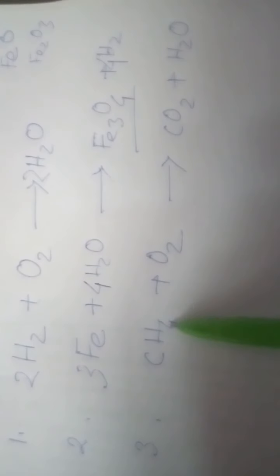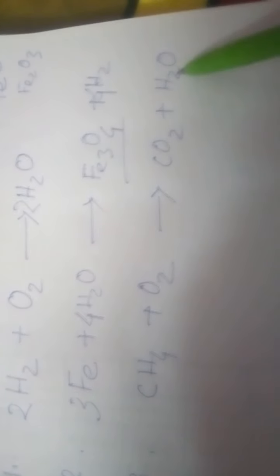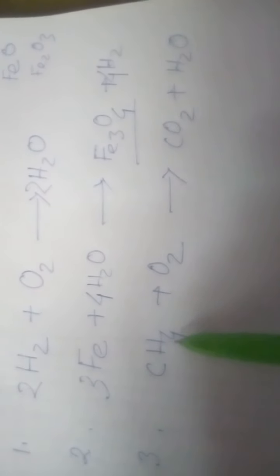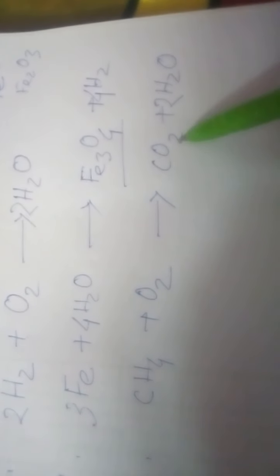Now the hydrogen atoms, if you see here, it is 4, here it is 2. So first we will balance the hydrogen atoms because its number is maximum. That means we multiply it by 2, so 2 times 2 is 4 hydrogen atoms, here also 4 hydrogen atoms. By the time, 2 oxygen atoms plus 2 oxygen atoms, 4 oxygen atoms on the right hand side.